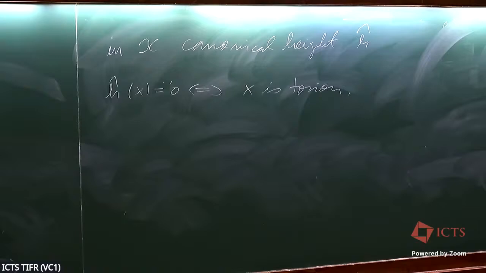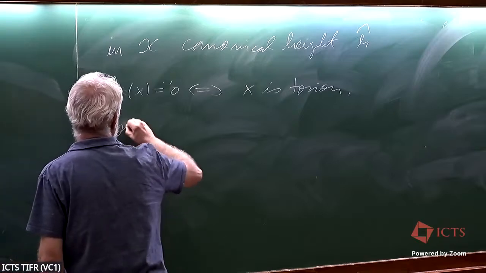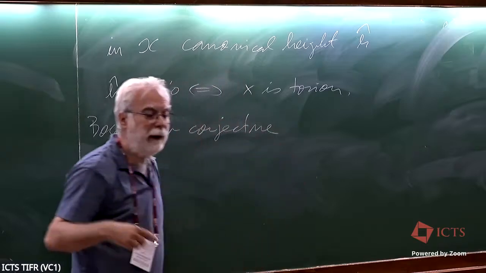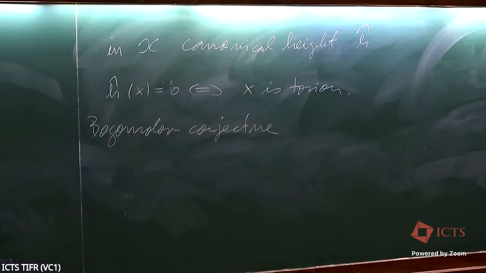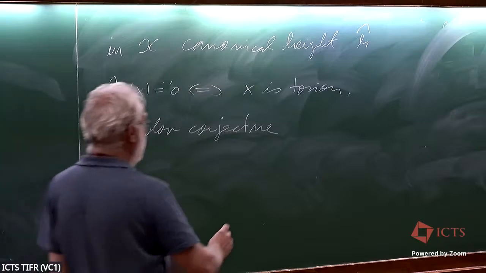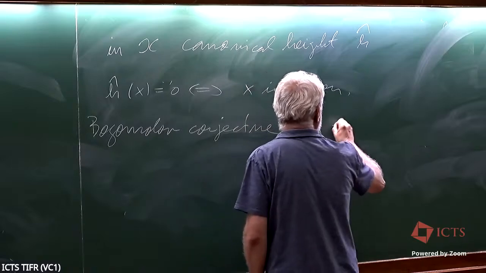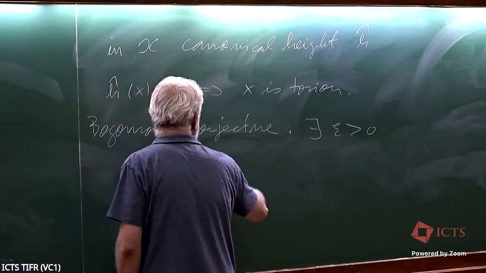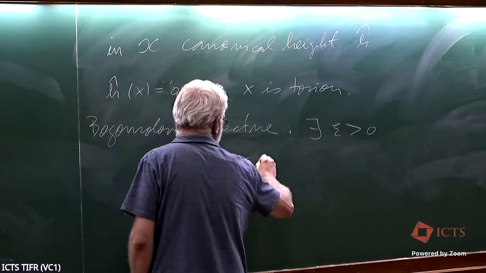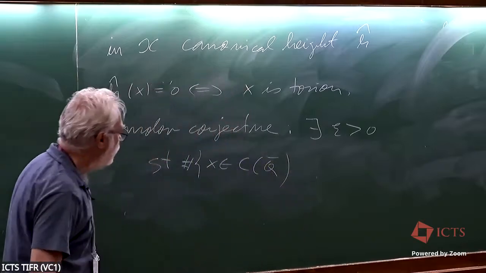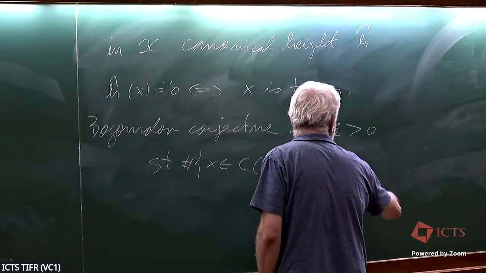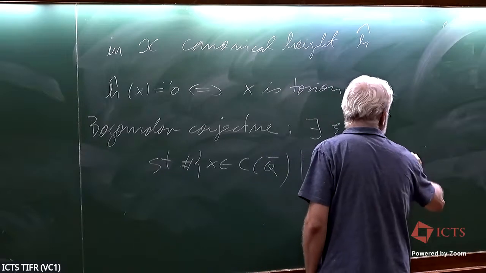The Bogomolov conjecture, that was proven by Szpiro, Ullmo, in the case of curves, and by Zhang in the case of subvarieties of abelian varieties, what it's telling me is that there exists an epsilon bigger than 0, such that the set of points inside my curve C(Q bar) with canonical height of X smaller than epsilon is finite.